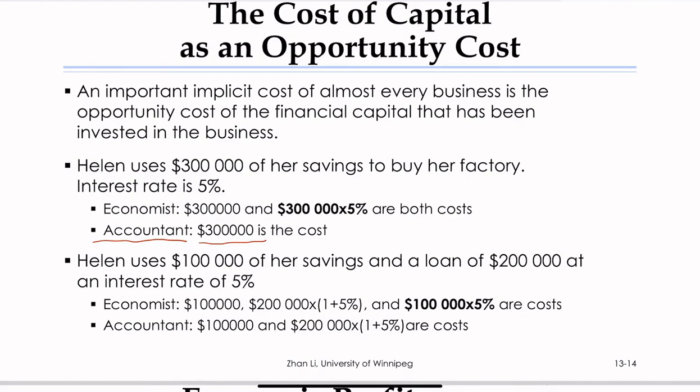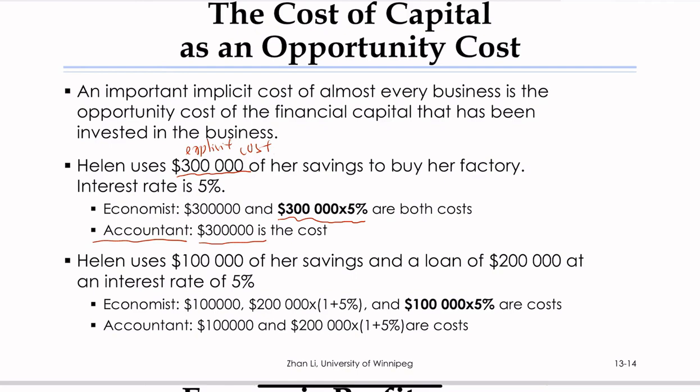Now what about the economist? Well, for an economist, first, this $300,000 would be an explicit cost, right? That is, you can actually see that she pays out this amount to buy her factory. Now, there is this additional implicit cost. That is, if Helen uses this amount to buy her factory, she wouldn't be able to earn interest income from this 5% interest rate.